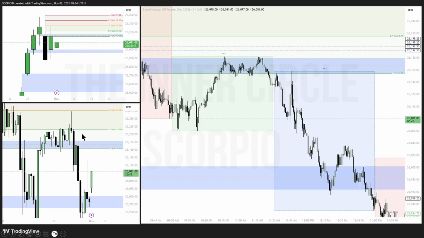Let's take an example from one of the trade days that I had. This is the Friday of last week, where I had these levels from the previous day and week.